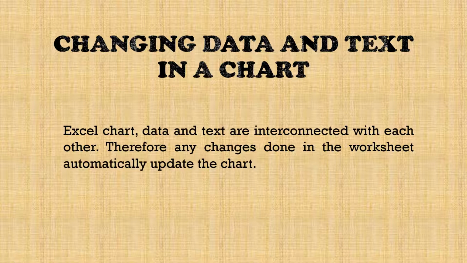This means that Excel, chart, data and text are all interconnected with each other. And so, any change done in the worksheet will be automatically updated in the chart. That is, if you make any change in the table, the same change will be automatically updated in the chart. Your chart will be automatically updated.